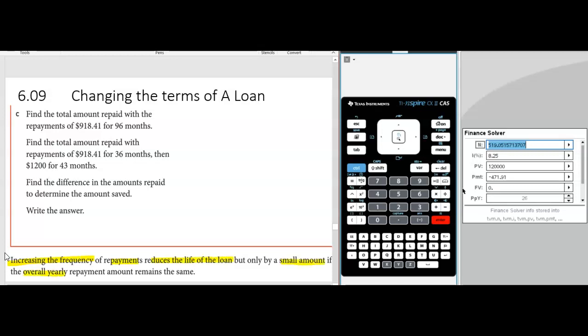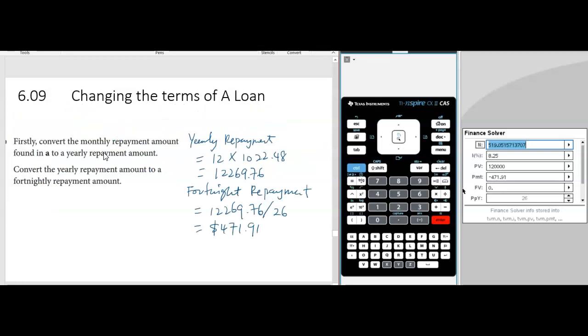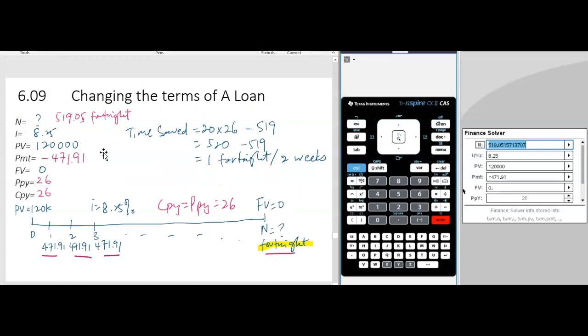Because if your overall yearly repayment remains the same, the life of the loan will be reduced only a small amount. So that means not really significant. So that is basically the summary of example 7 based on the answer that you found here.